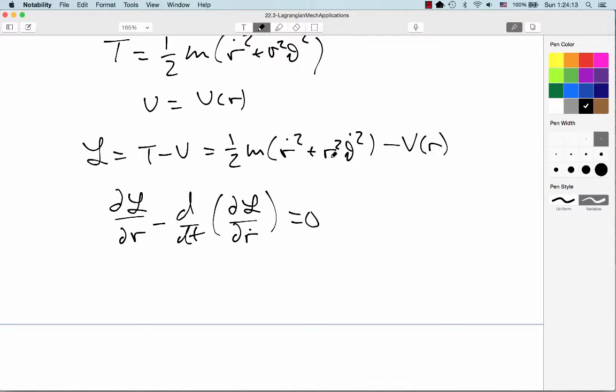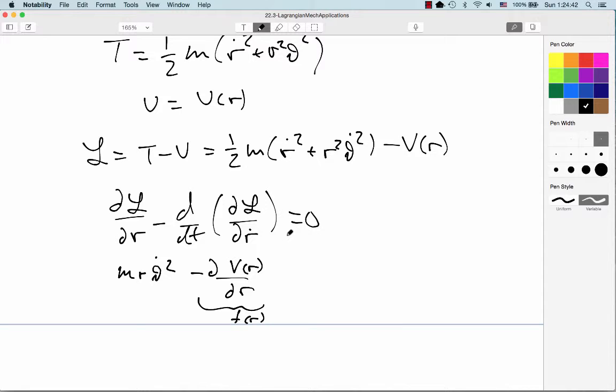The first is this one here. So differentiate that, bring down a 2, cancel the half. I get m r theta dot squared. The second term is just going to be minus partial V of r partial r, which we recognize as being our force.